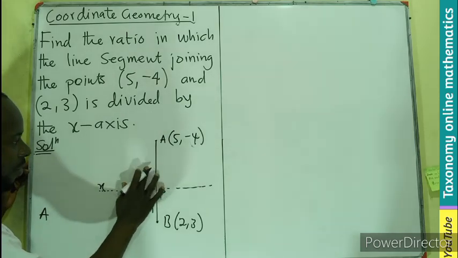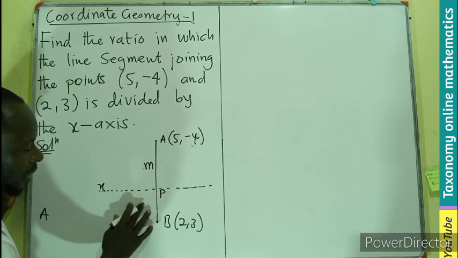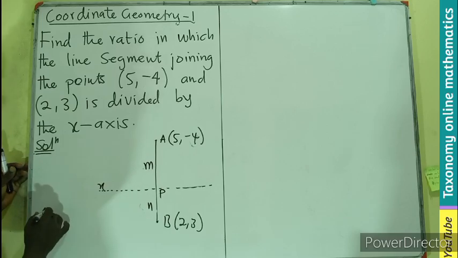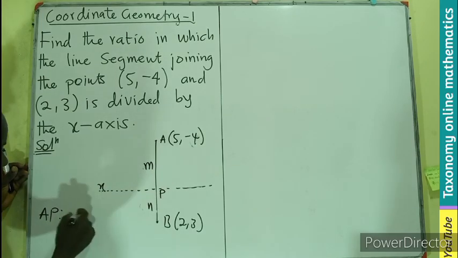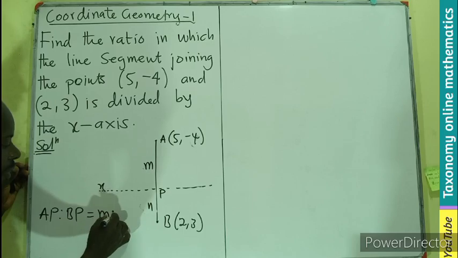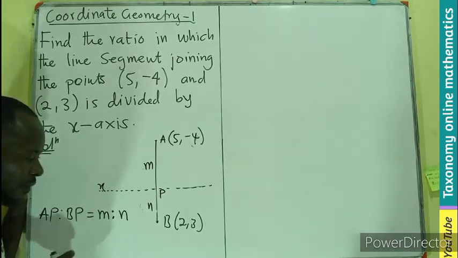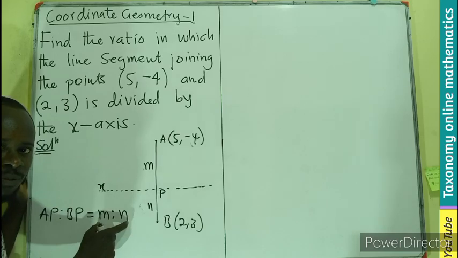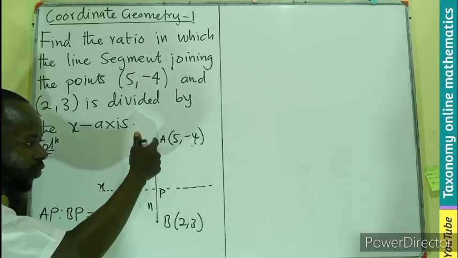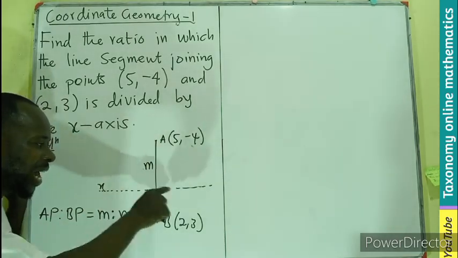Since we are beginning from here, let me use M and use N here. So AP is to BP, which equals M is to N. This is the division that we are looking for. So we are looking for the values of M and N that will show that this line is actually divided by the x-axis.